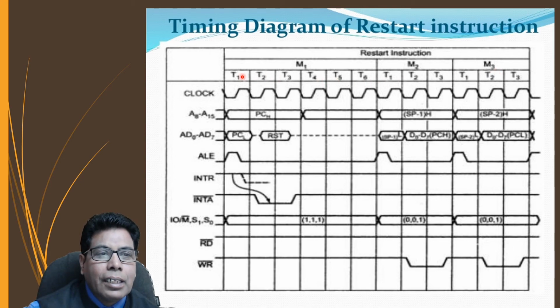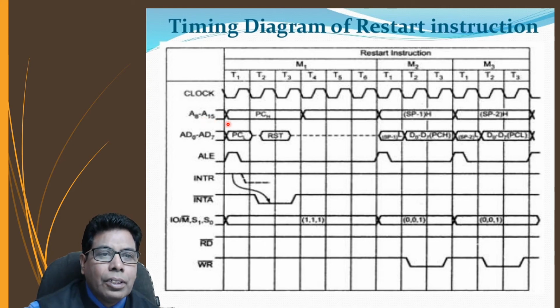Machine cycle 1 has 6 T states, machine cycle 2 has 3 T states, and machine cycle 3 again has 3 T states. So this is the clock, and these are the higher order address lines.